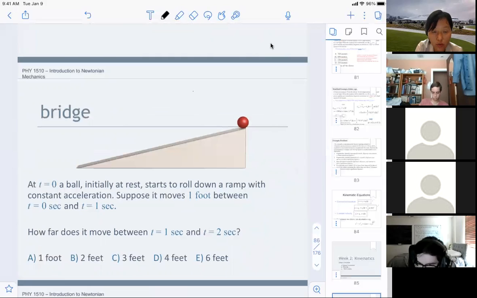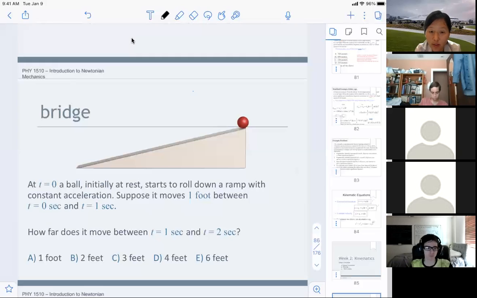So for example, let's review a question you had previously answered in your pre-lecture. That's one of the bridge questions: finding the distance traveled between t equals 1 second and 2 seconds. This is for a ball rolling down a ramp, and it's also the lab you're going to do. Depending on your lab section, you're going to do a constant acceleration lab, maybe this week or early next week.